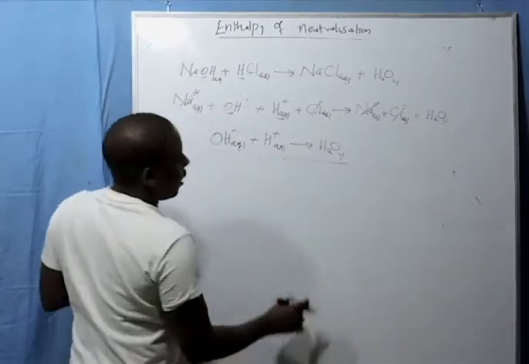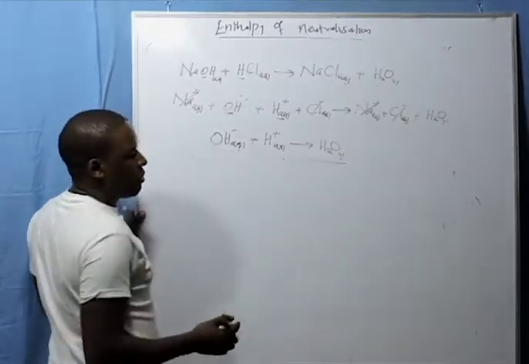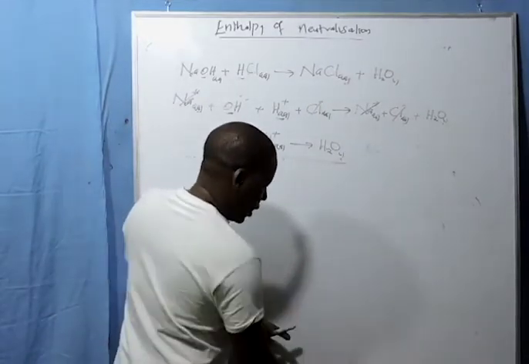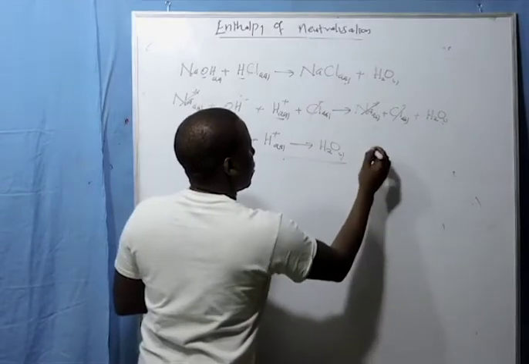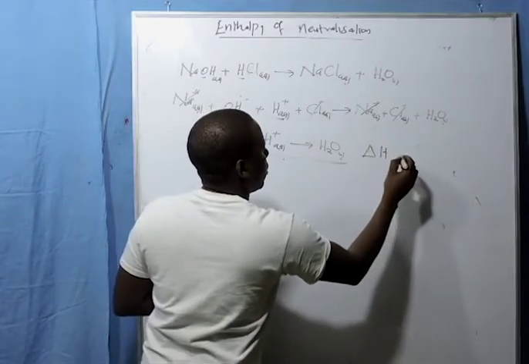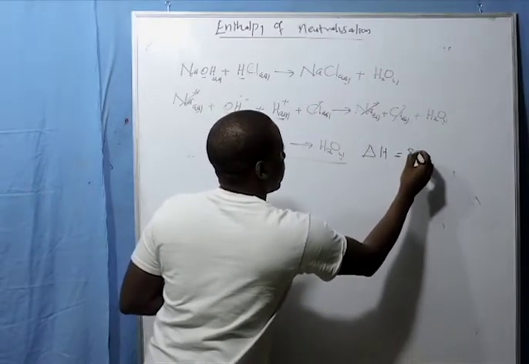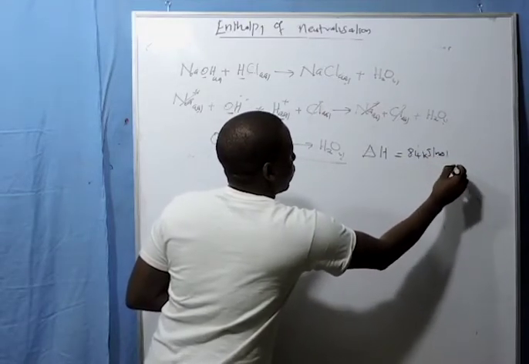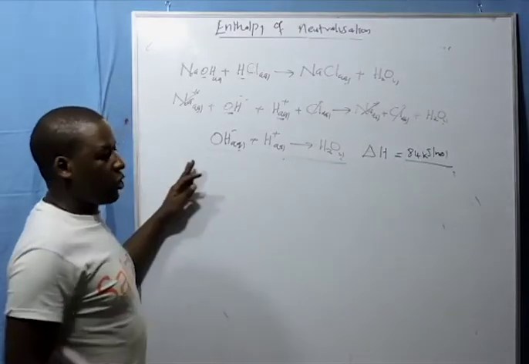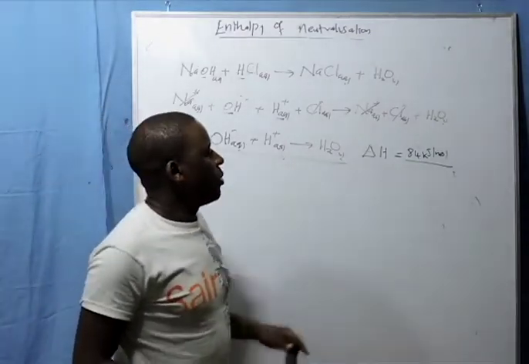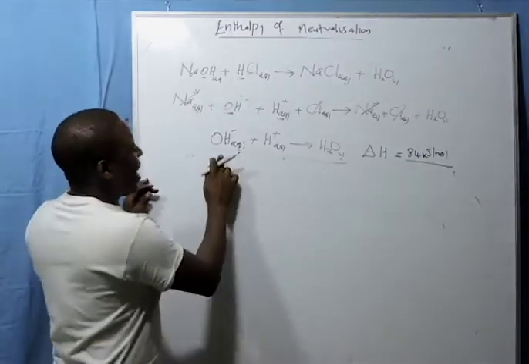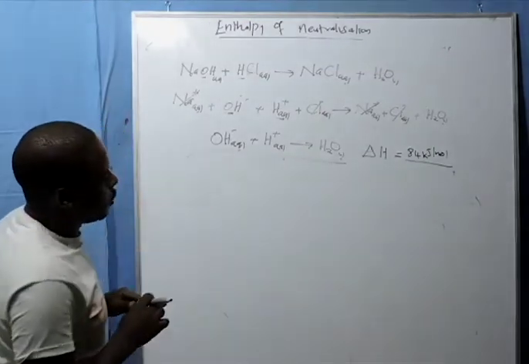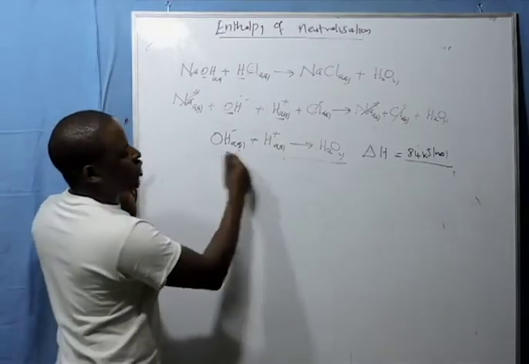If you put the enthalpy change at the end, 84 kilojoules per mole, this reaction is now called a thermochemical equation. A thermochemical equation is an equation which has the enthalpy change at the end.